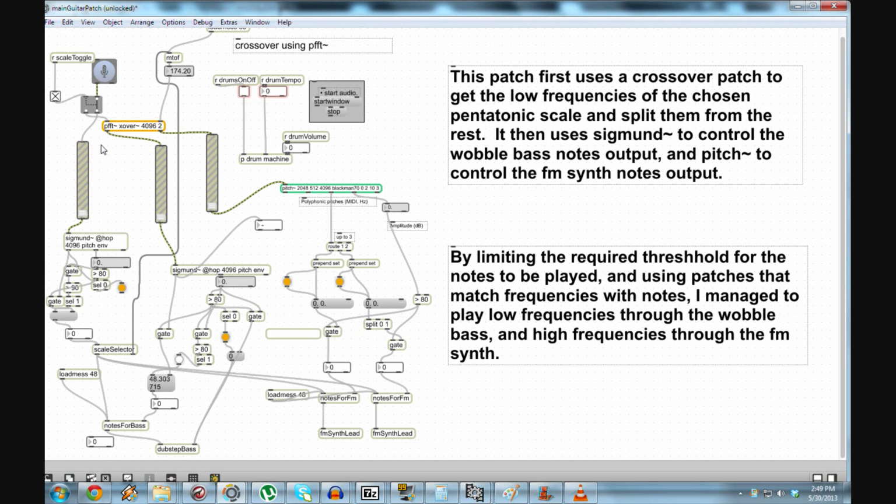For example, for the bass notes, it uses the Sigmund external patch to get a note with a threshold of 80 or more, and then it opens a gate to pass the note.